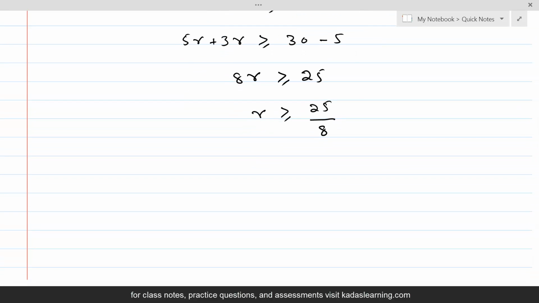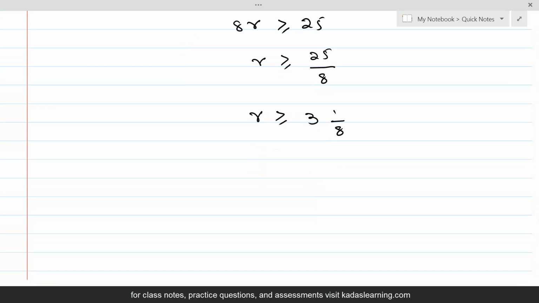And this gives us r greater than or equal to 3 whole 1 by 8, which means the greatest coefficient occurs when r is equal to 4.